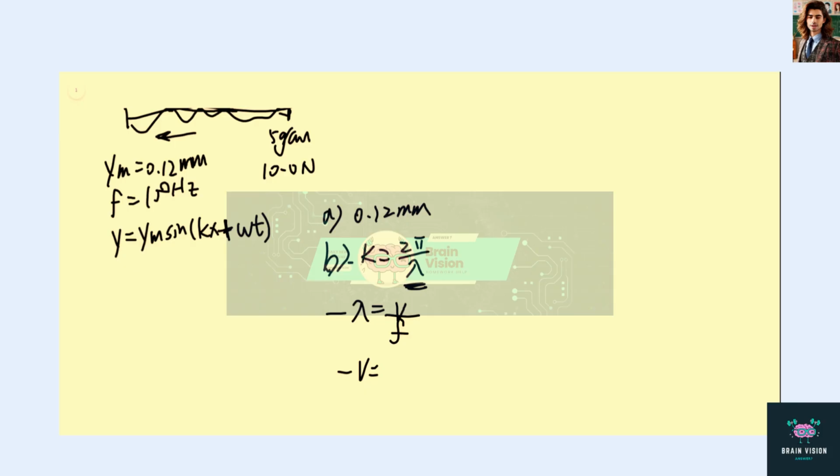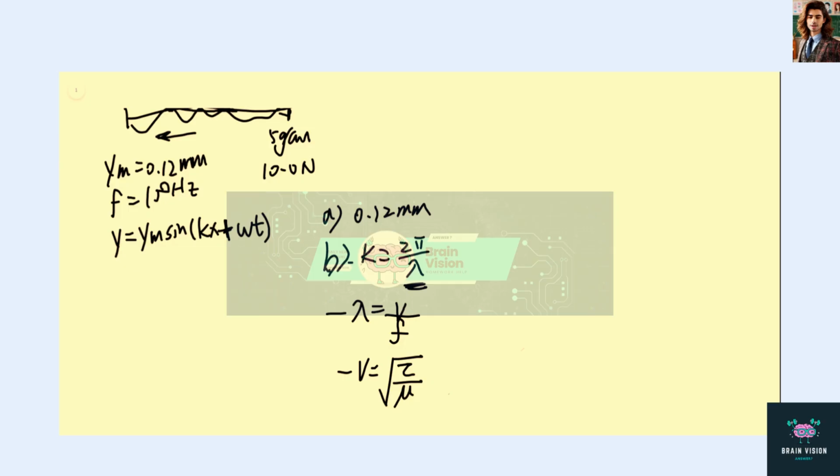So v is the square root of the tension over the mass per unit length. Why not just combine the formulas? So I think I'll write them together. I have v equals square root of tension over mass per unit length.